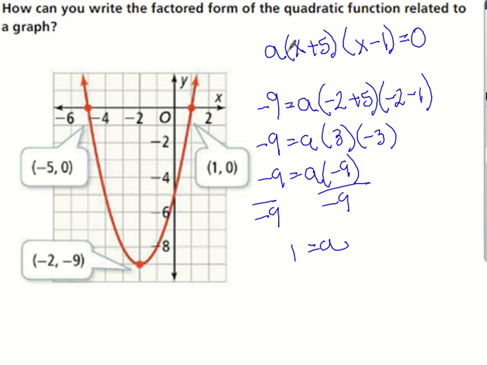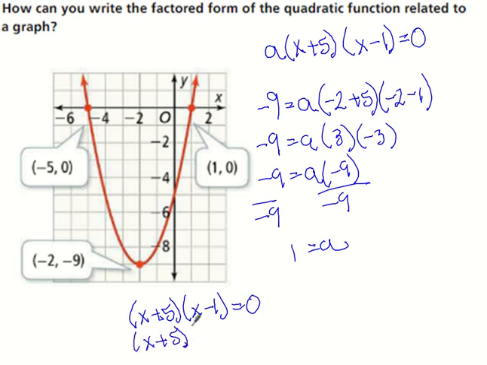So since we now know that a is 1, we can put it there, but we don't really need it there. So the factored quadratic function for this would be x plus 5, x minus 1, and then equals 0. Or if we want it in function form, depending on why we're using it, f of x. So I didn't put the 1 because we don't need the a.